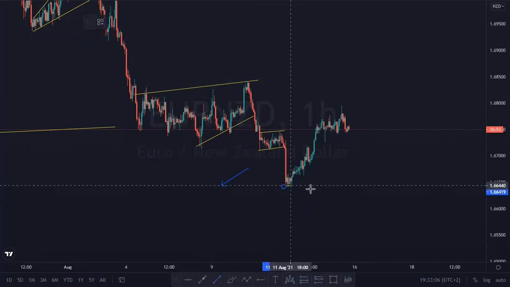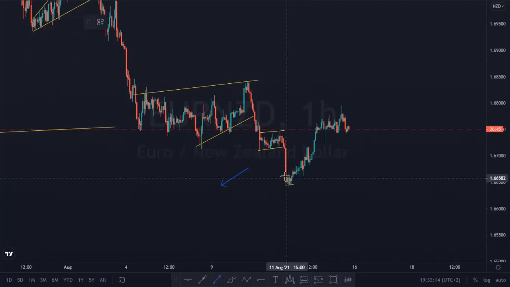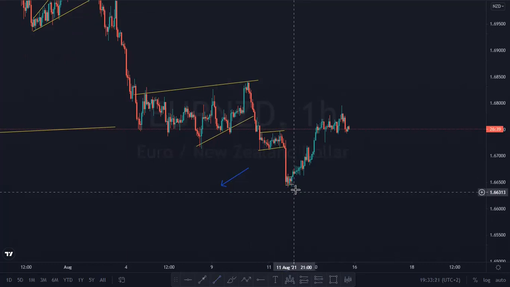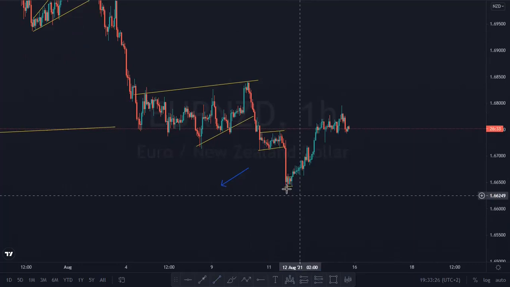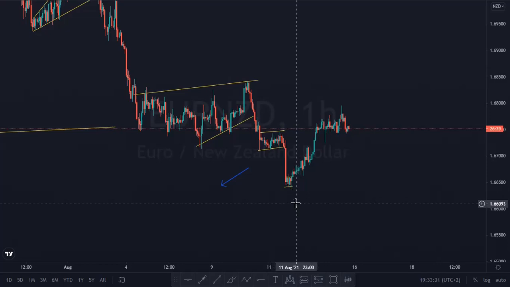This is a correction here. You wait for the correction to be broken first. You have to wait for the candle to break here, and as soon as it breaks, you enter, especially here, where there are these 2 wicks. You put another order as well.